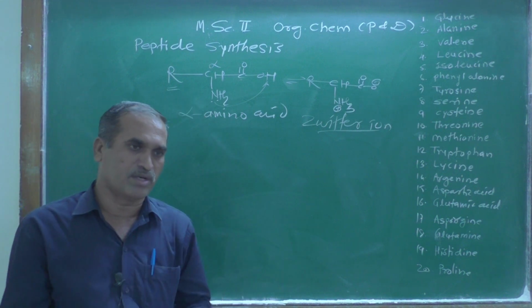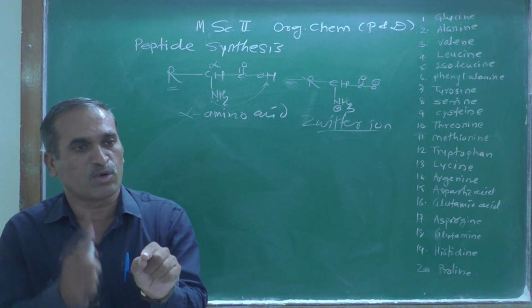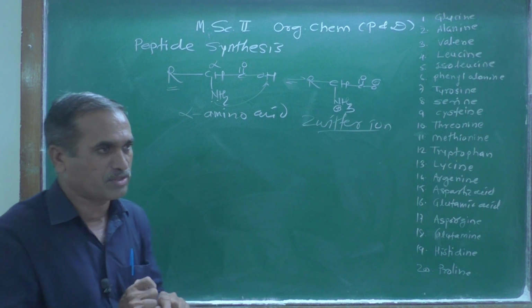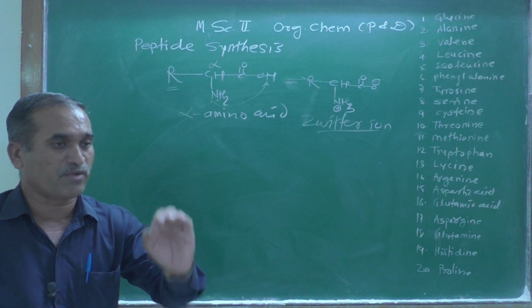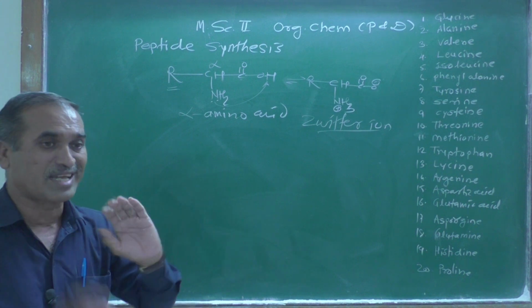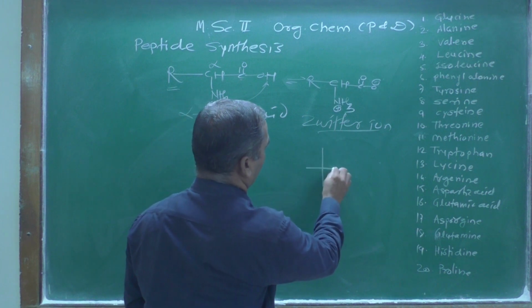Just now I told you that all naturally occurring amino acids have the L configuration, and as we know, in carbohydrates the reference compound we take is glyceraldehyde. Everybody knows the structure of glyceraldehyde.